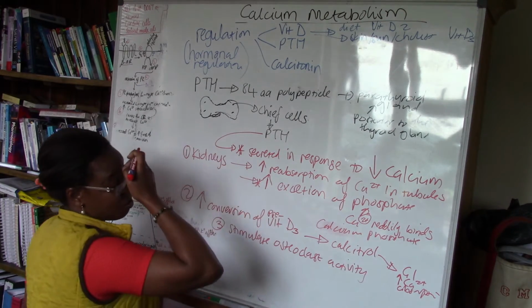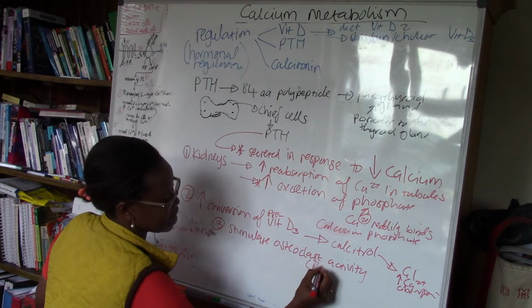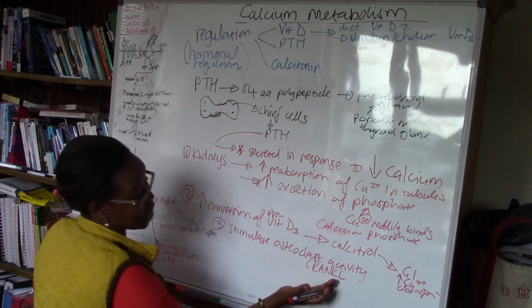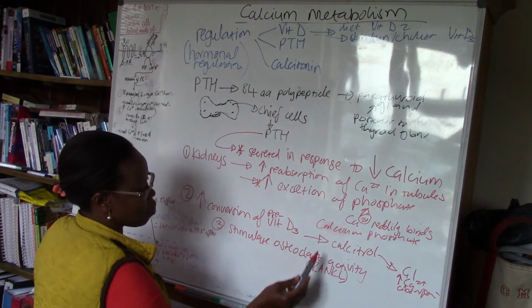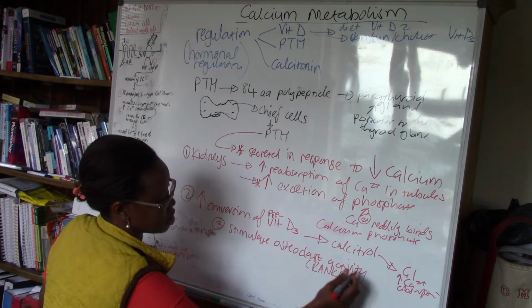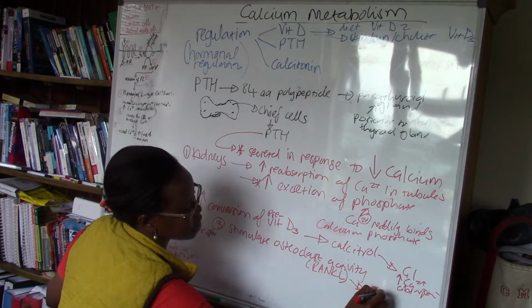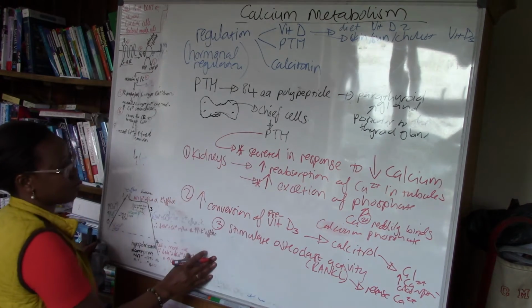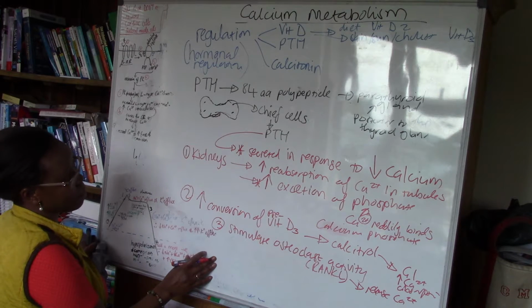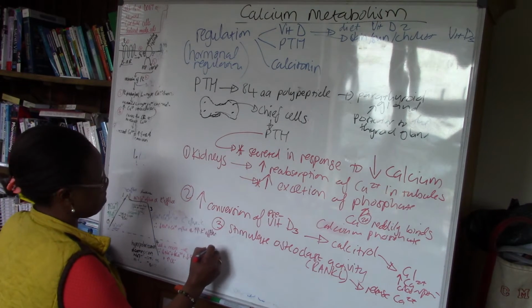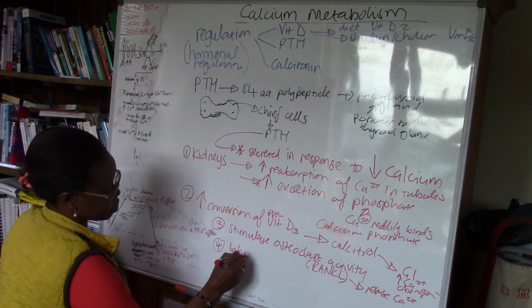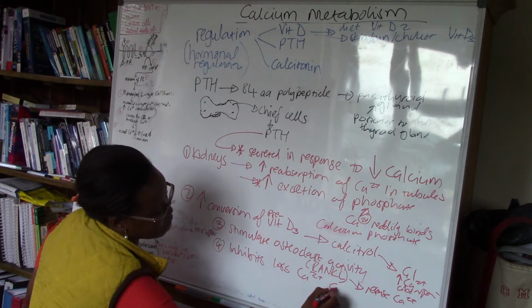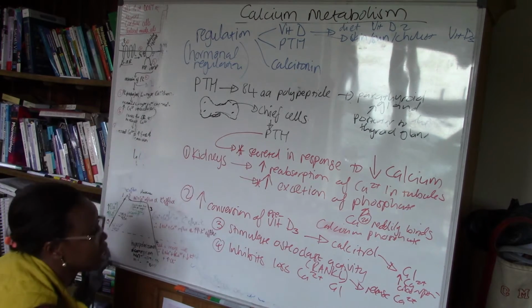I've always learned it via RANK, which is obviously a cytokine. And then once osteoclasts are activated, they release calcium. So then we have a lot of calcium which is readily available. And then it also inhibits loss of calcium in the GI, in the stools basically.